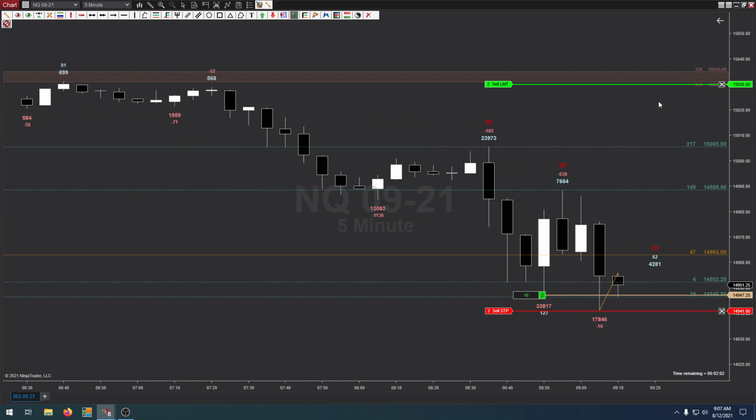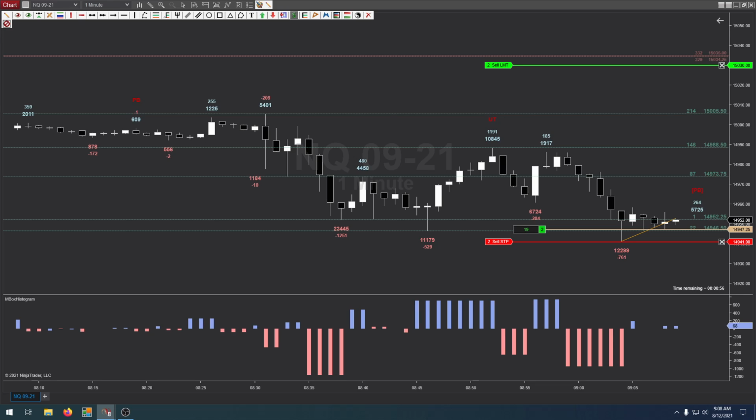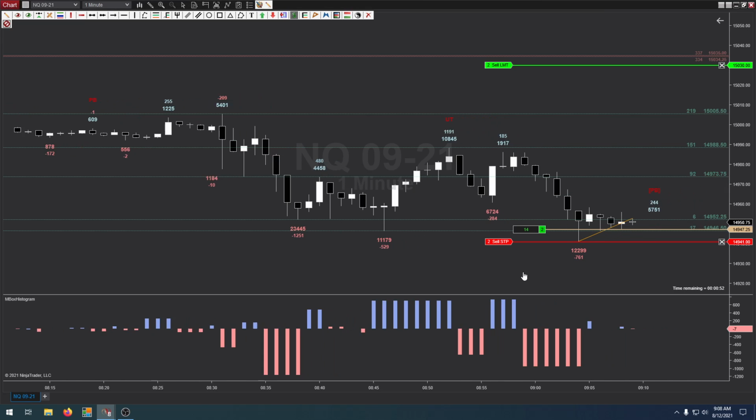Put that back over here. Looks like there's supply coming in on the imbalance histogram, possibly. Not very much. Buyers just can't do much with it right now.